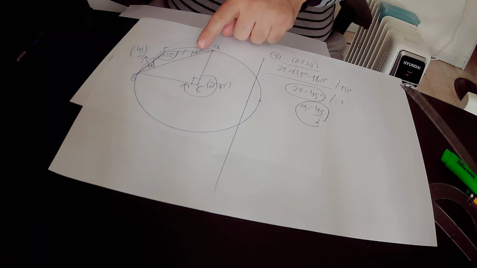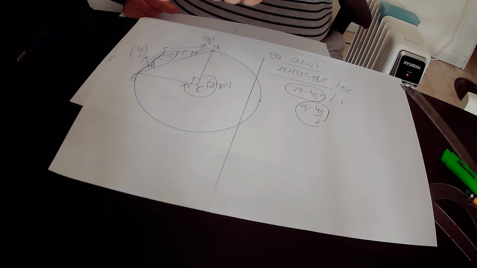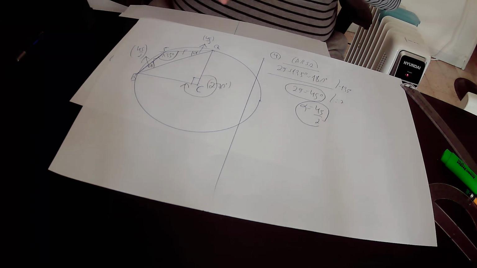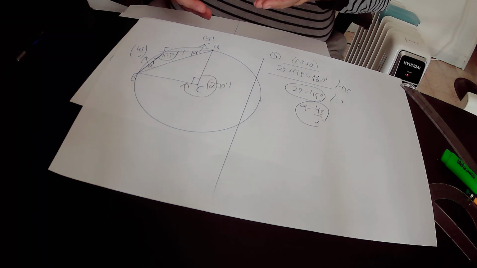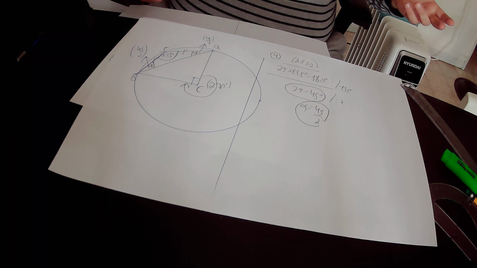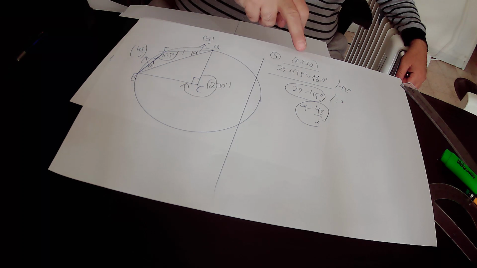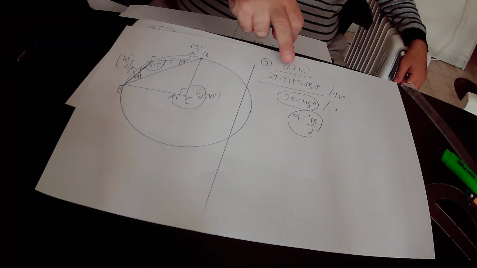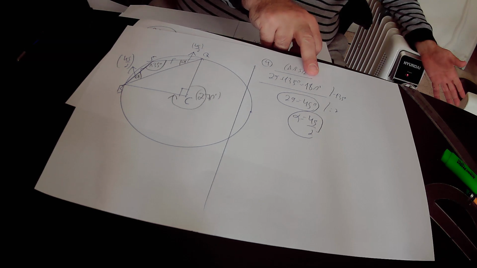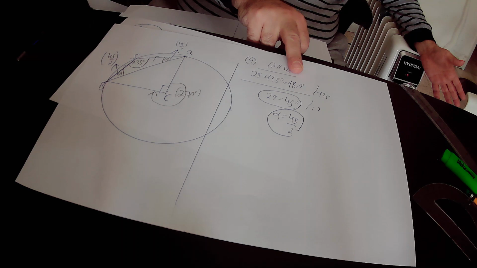So if this angle is alpha, then the other angle must also be equal to alpha. And we also note that the sum of the angles in any triangle, and especially in triangle BSQ, equals 180 degrees. So which angles do we have inside triangle BSQ? We have alpha plus alpha, that is 2 alpha, plus 135 degrees. In total, they must be equal to 180 degrees according to the rule that I mentioned.